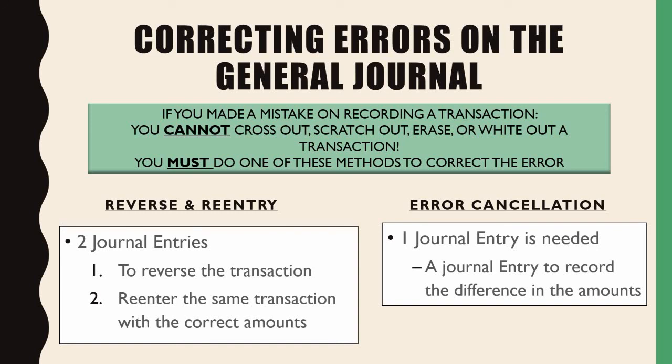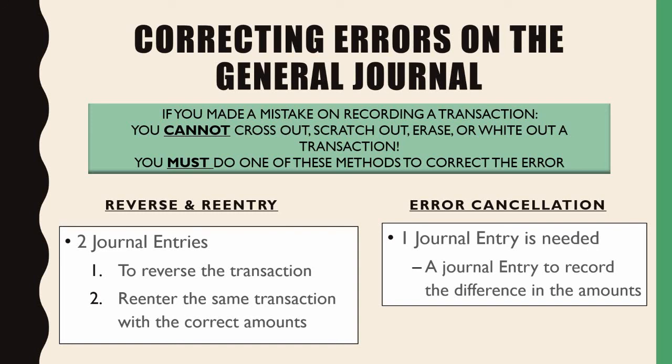So if you paid for a computer, the reverse transaction is you get your money back, but you have to return the computer. And then you're going to re-enter that transaction again. So I'm going to pay the money again so I can have the computer back. That is exactly what reverse and re-entry does.